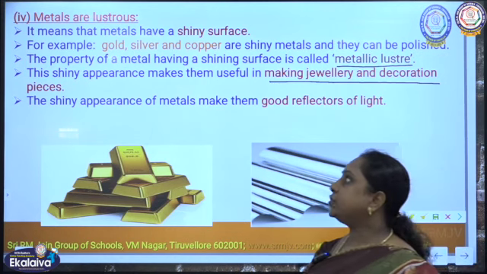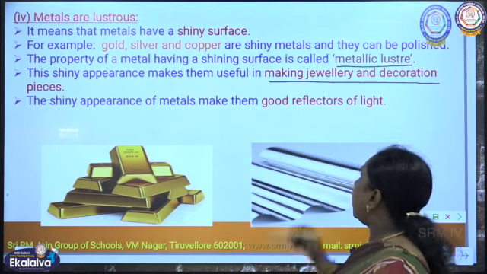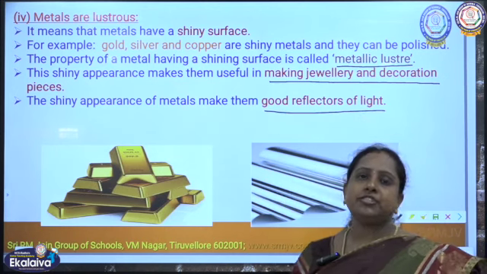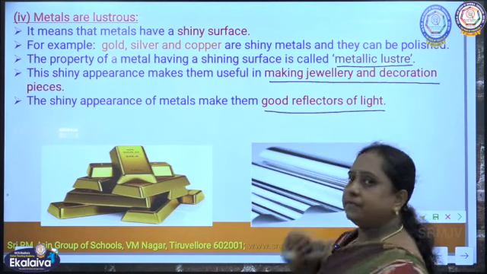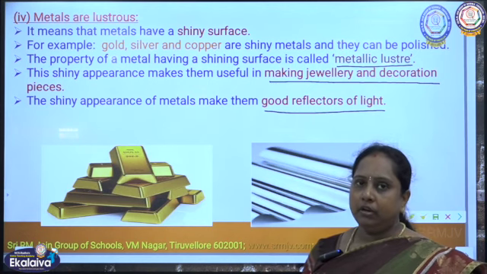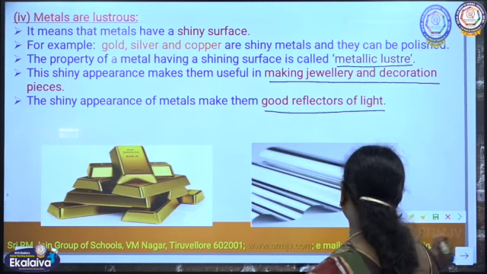The shiny appearance of metals makes them good reflectors of light, that is why they give the glittering nature.